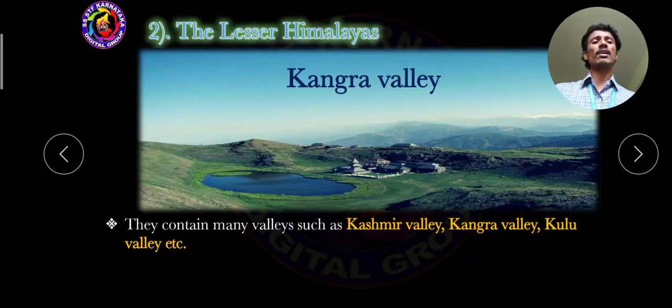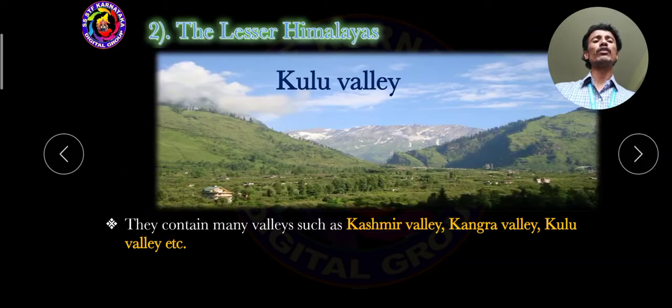Then this is Kangra Valley, also deep and beautiful. And another one is Kulu Valley, with beautiful weather. So the valleys in the Lesser Himalayas are Kashmir Valley, Kangra Valley, then Kulu Valley.